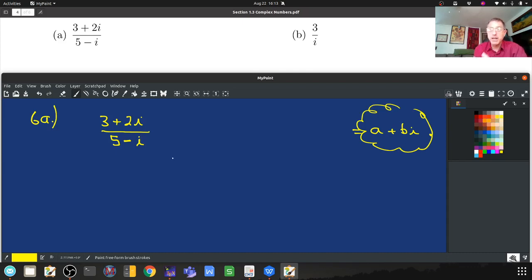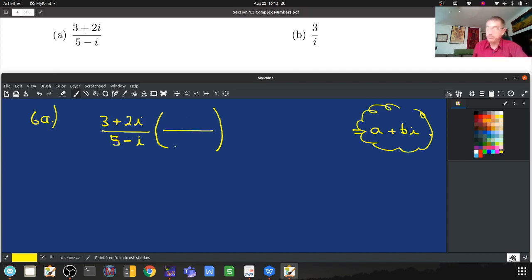So whatever I do has to keep the equality. And that trick is going to be to multiply this complex number by a form of 1. And 1 is going to be in the form of a fraction whose denominator is the same as the numerator.